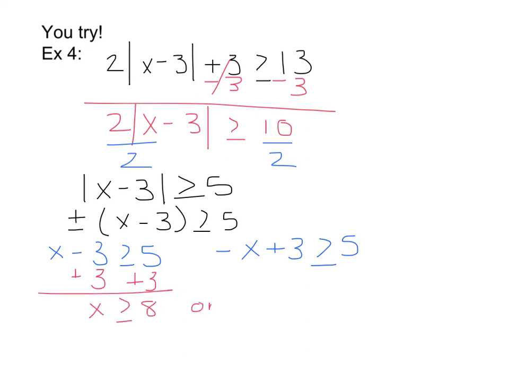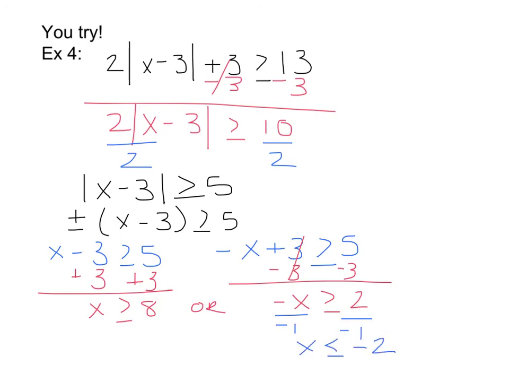I'm going to add my word or so I remember how the graph looks. Start by subtracting 3. So negative x is greater than or equal to 2. Then to get rid of that negative sign, you have to divide by negative 1, which causes your inequality to switch the way that it's pointing.